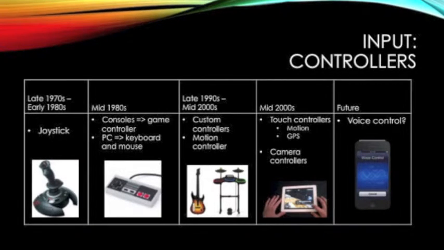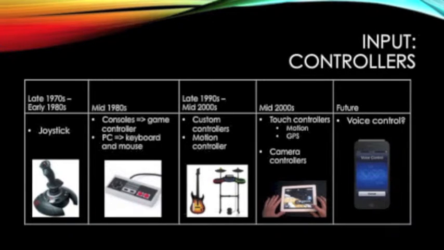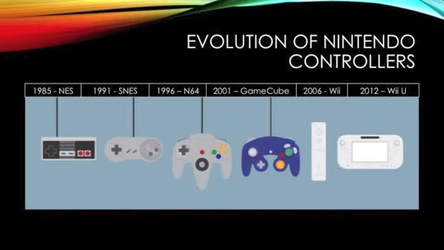The future of video game controllers could include voice control, which is using your voice to control the video game. This is a chart which shows the evolution of Nintendo controllers from the NES in 1985 to the Wii U in 2012. So, through each decade, Nintendo controllers evolved.